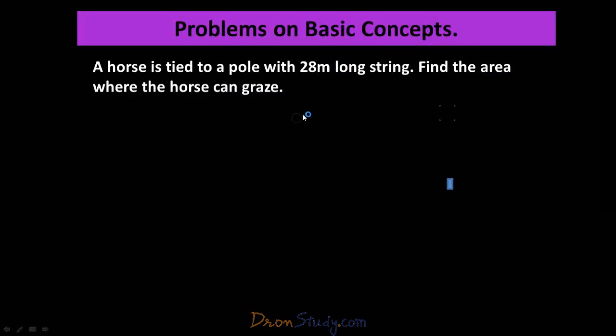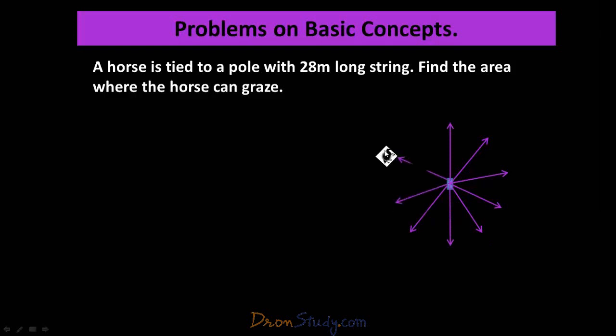So the horse can move only in the area where the rope reaches. Horse cannot go outside the length of the rope because the horse is tied to a rope.